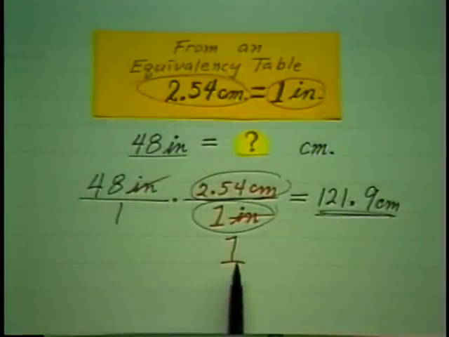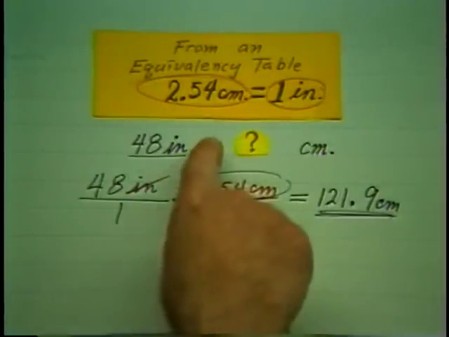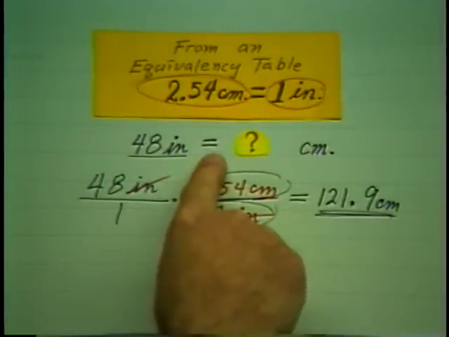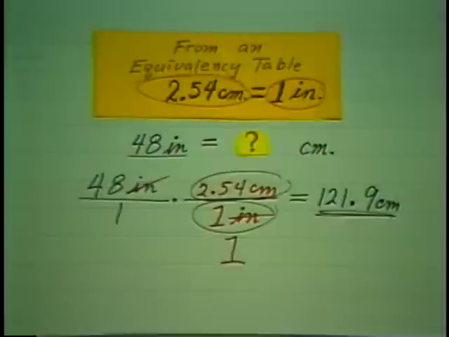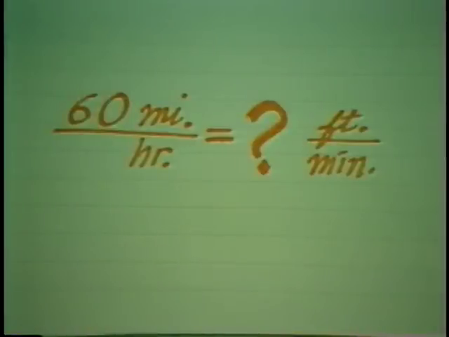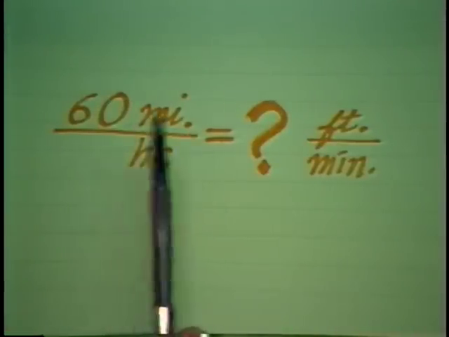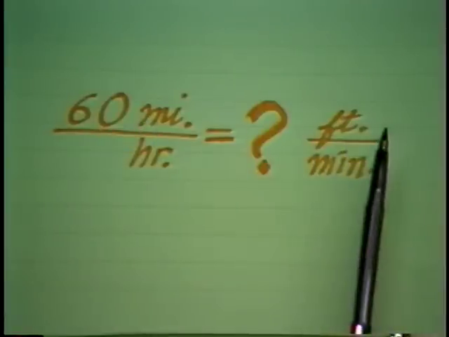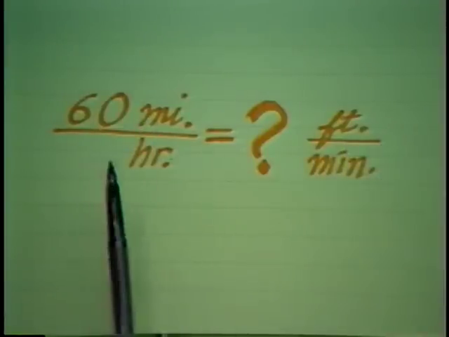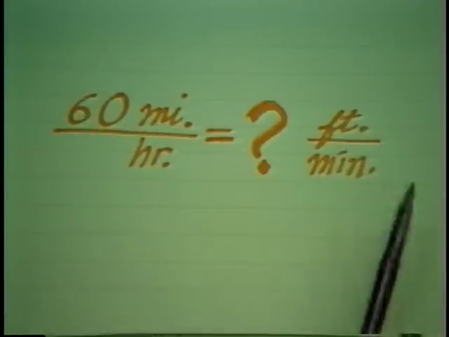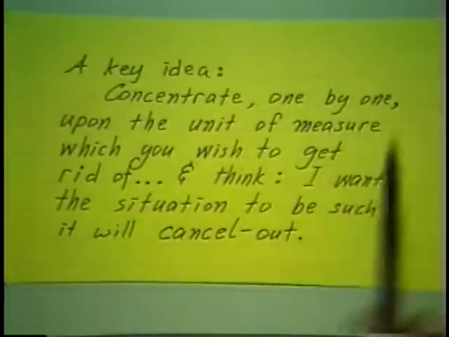Let's try that same approach now with a longer problem. Then after that, we're going to come back to the same problem and do it from a slightly different approach. Now let's do this one. Really, this is not a longer problem, it's two problems. We're going to want to convert miles, which is length, to feet, which is length, and then hours, which is time, to minutes, which is time. But remember our strategy?